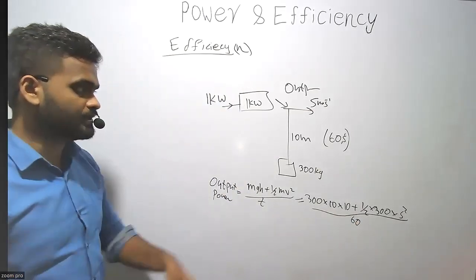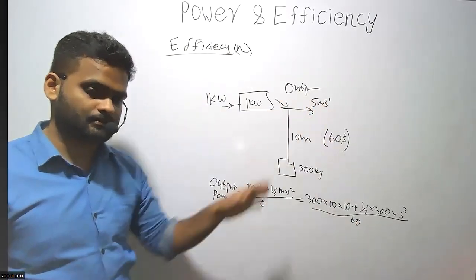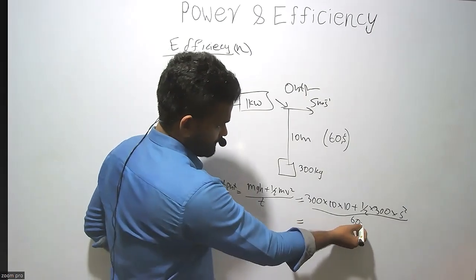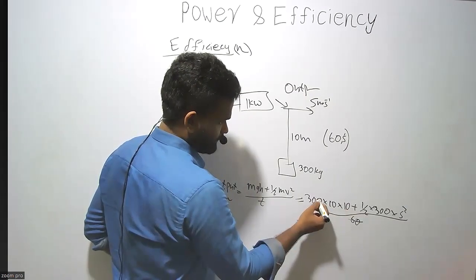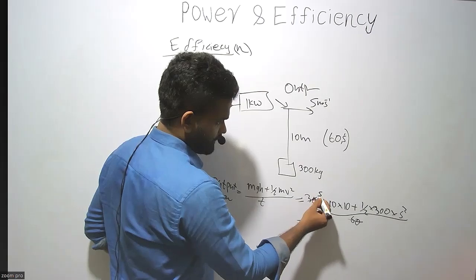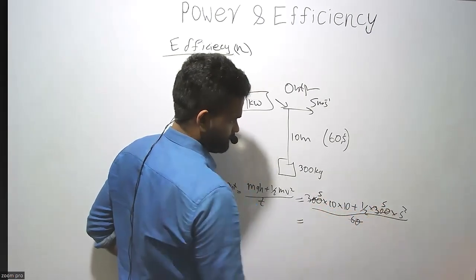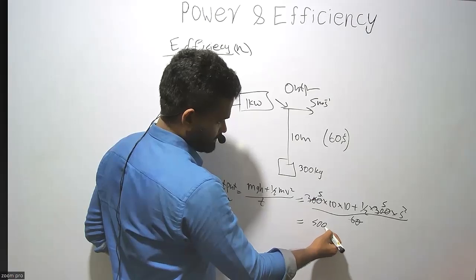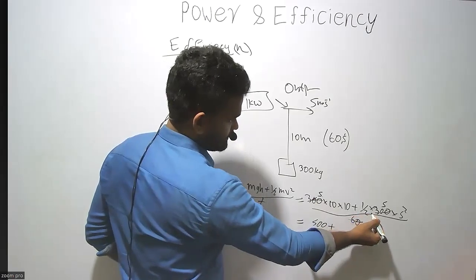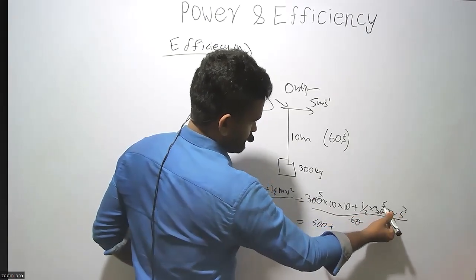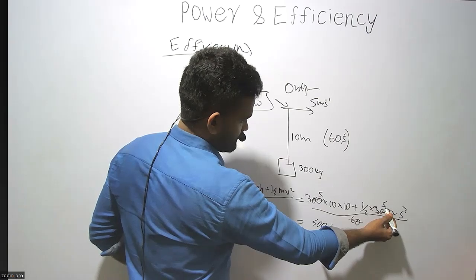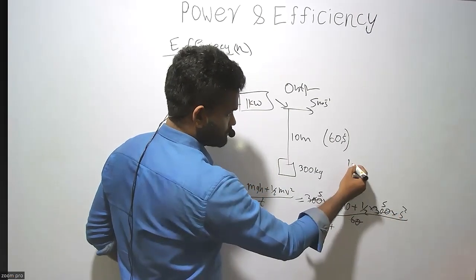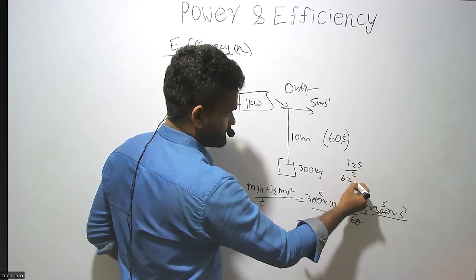All this is done within 1 minute, right? I'll just divide by 60 both. So here you get 5, here also you get 5. So this is 500 plus 25 times 5, that is 125, divided by 2, 62.5.